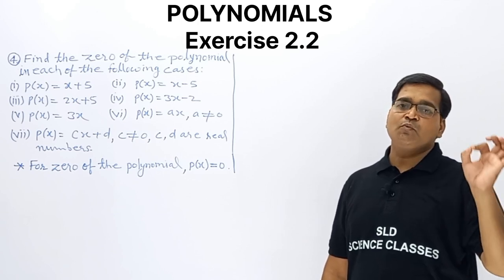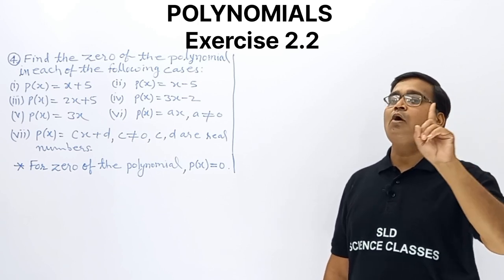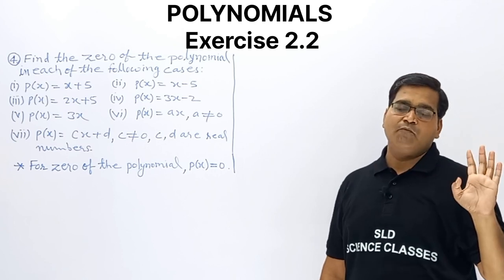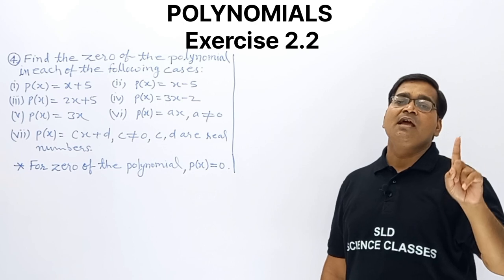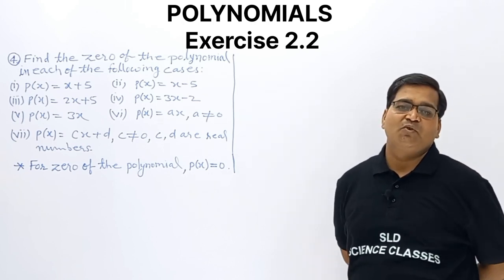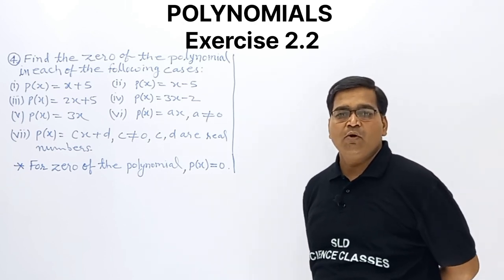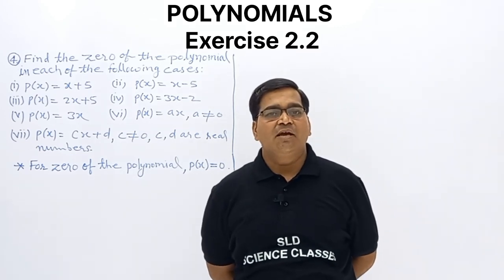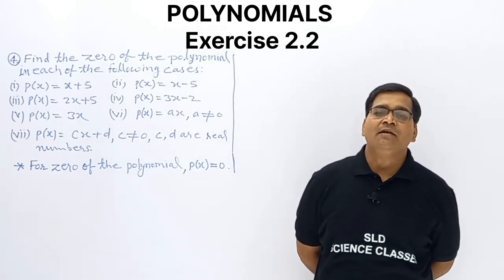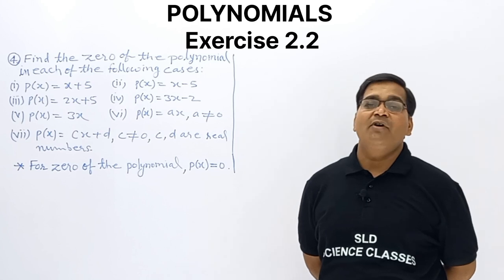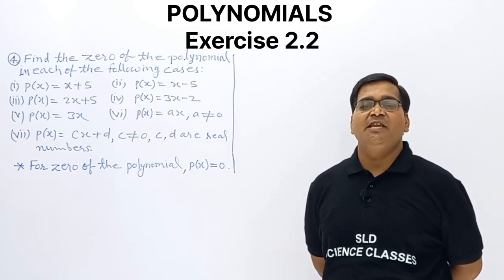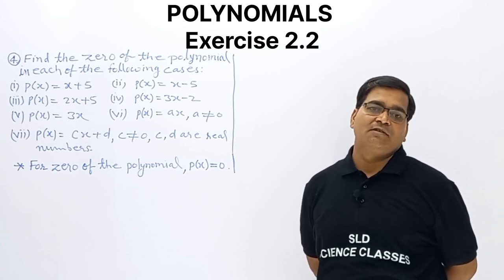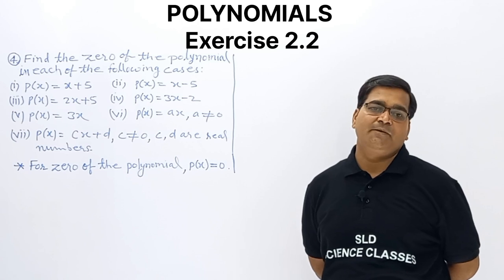What is a polynomial? A polynomial is an algebraic expression with the power of a variable being a whole number, like 0, 1, 2, 3.